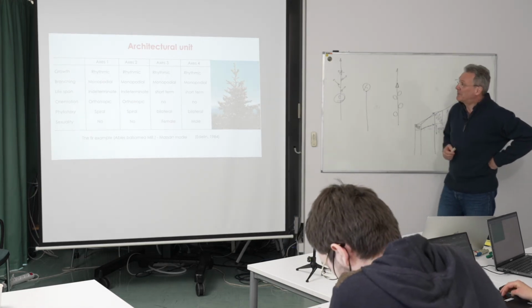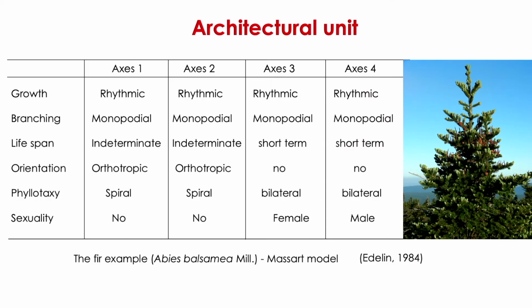So what people have done in the 70s, 80s, they started to see whether they could characterize the typical growth of species by using these different characters. And this is one type of table that one can build.